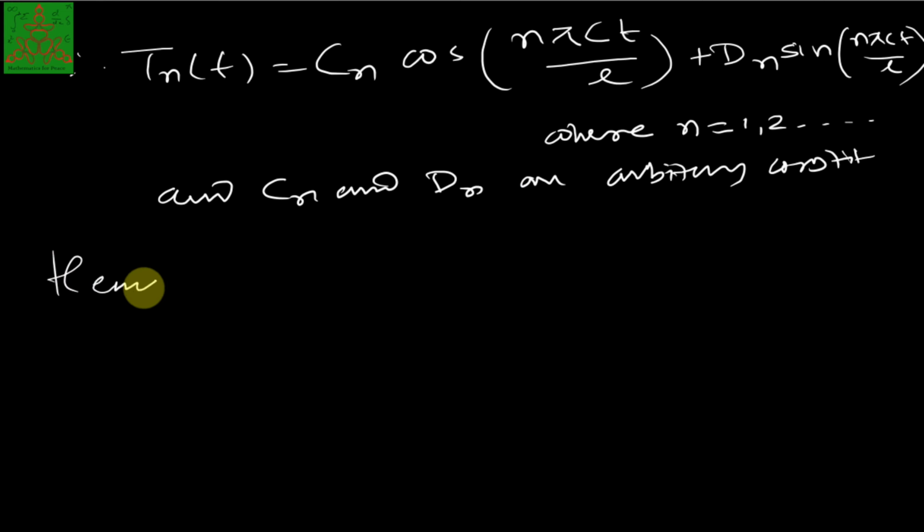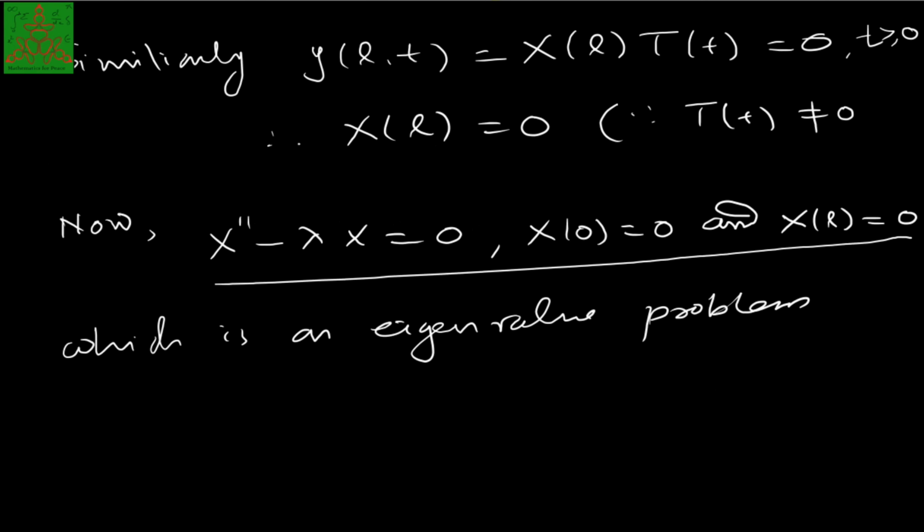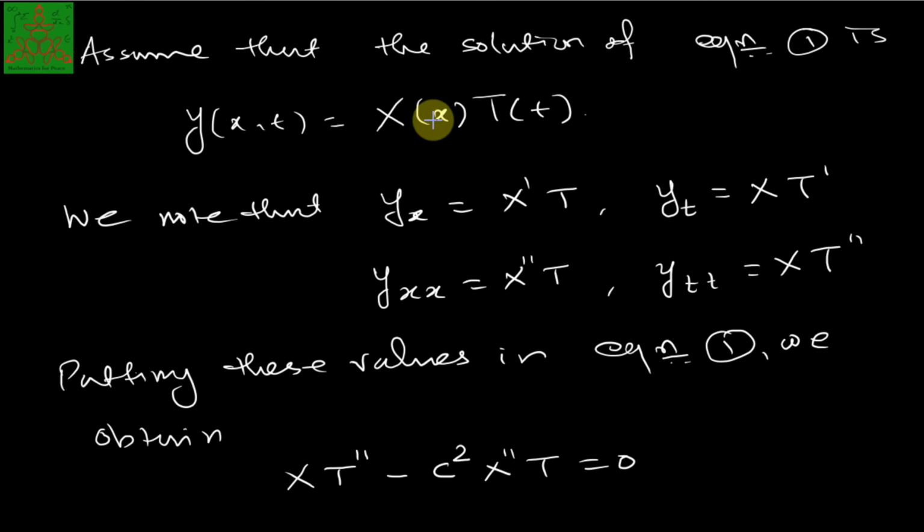Hence, the solution of the given problem, that is yn of x,t, because we have y of x,t equal to X of x into T of t. We already obtained the values of X of x and T of t.